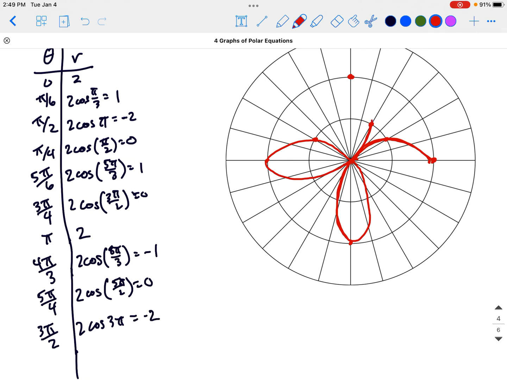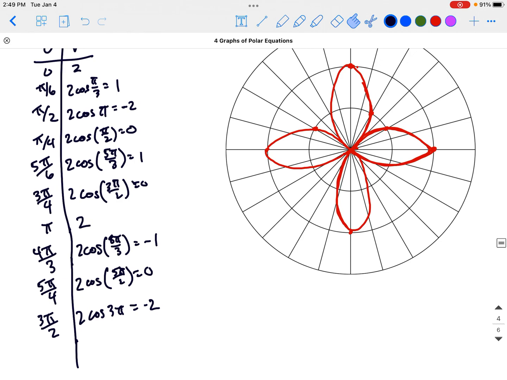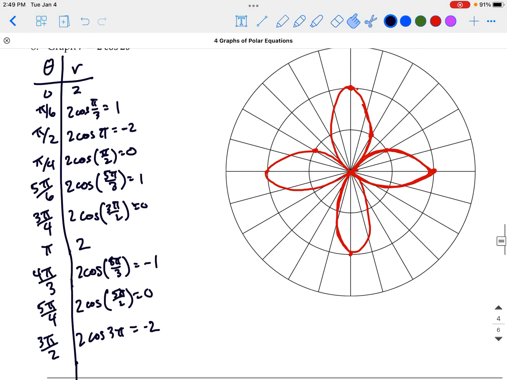So we're going to rotate this way. And completing our rotation, we will finish our rose curve. So again, we could get that by plotting all the way to 2 pi.